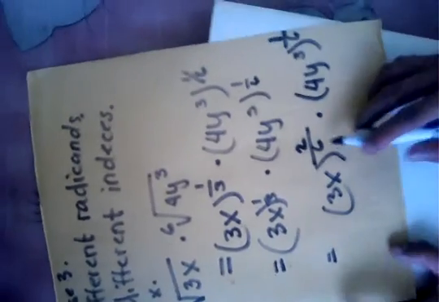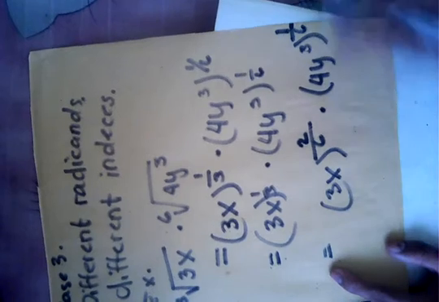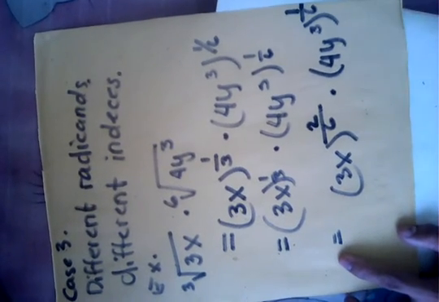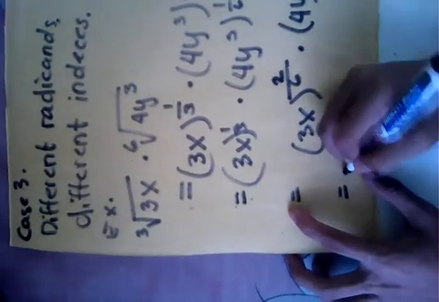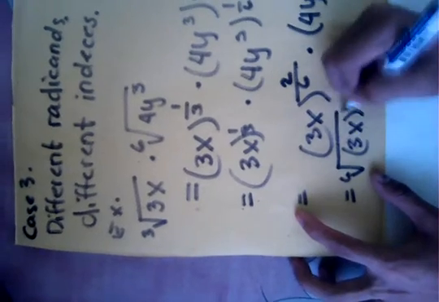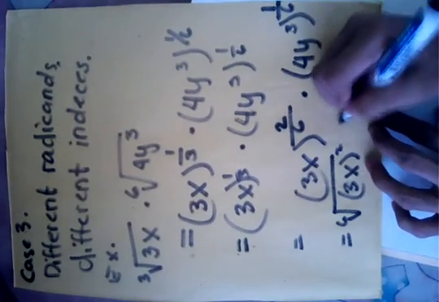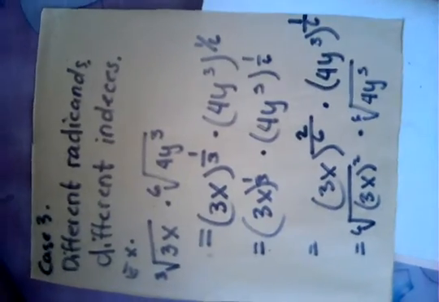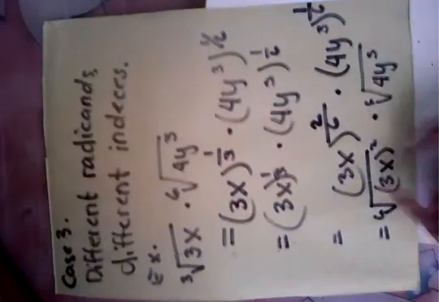So here, we already have the same indexes. So when we have the same indexes, we go back to case 1. In case 1, when we have the same indexes, we will just simply multiply each radicand.